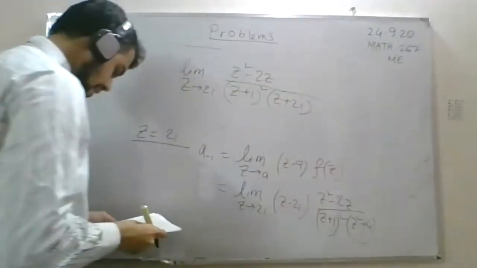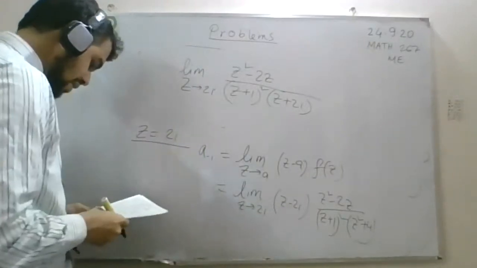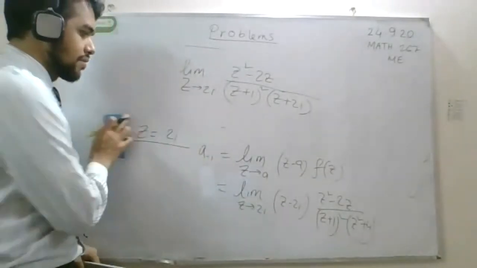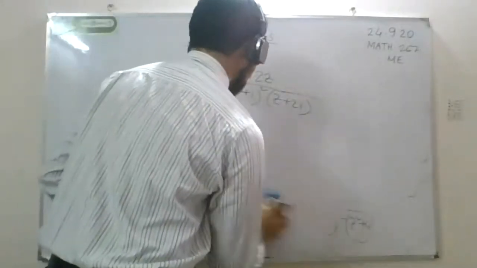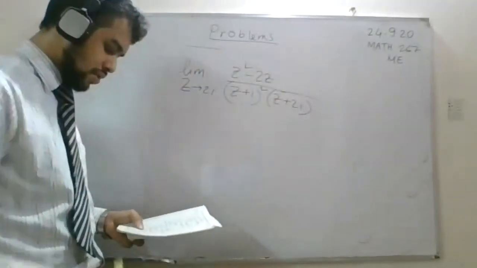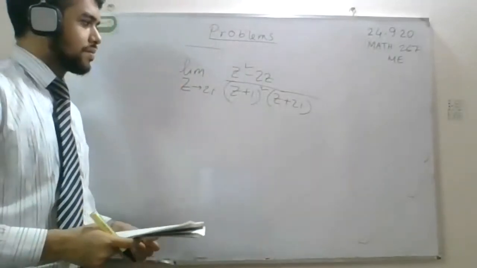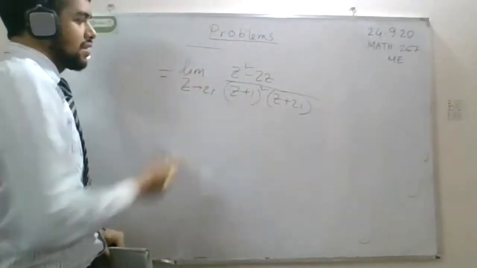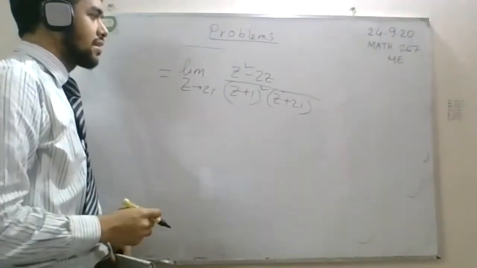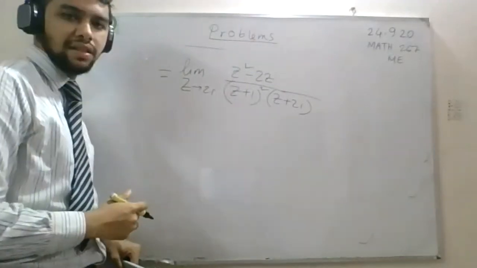Now, how can I solve this equation? Instead of z, you have to put 2i. Is there no easier way than putting in 2i? Okay, just take common, you are right. You have to put z tends to 2i, that means put z equal to 2i.